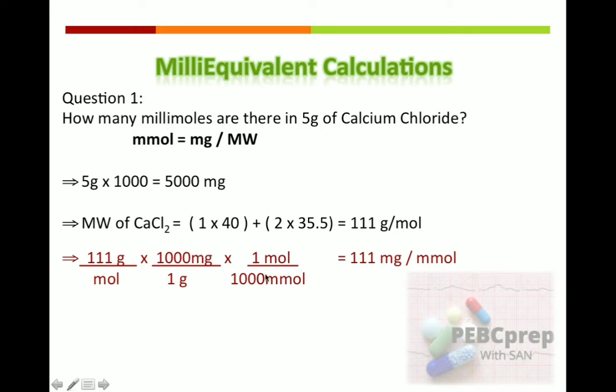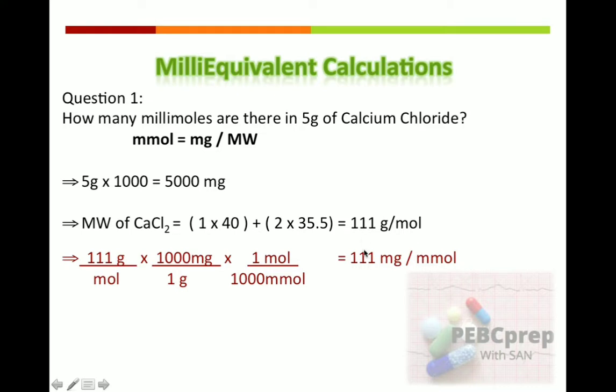So these 1000s cancel out and the same value will convert exactly into milligram over millimole. You can do this step one by one, but I did it in one go. Just remember that when gram per mole is converted into milligram per millimole, the value remains the same.